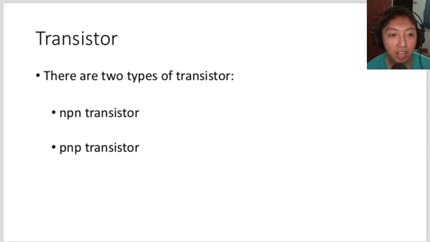So there are two types of transistors, NPN transistor and PNP transistor. So we understand what NPN is and what PNP is, right? You take a semiconductor and you dope it to create either an N-type or a P-type semiconductor. Now, instead of having two layers, we have three layers, right?